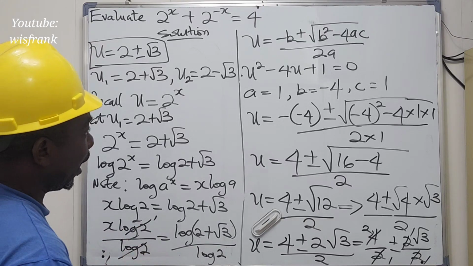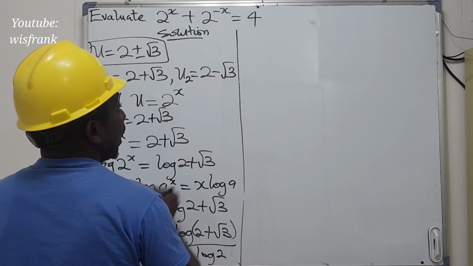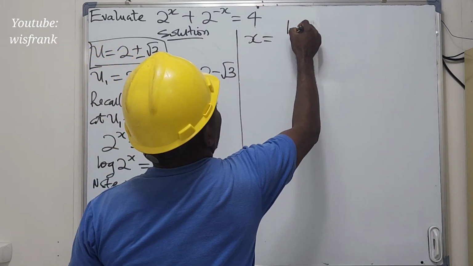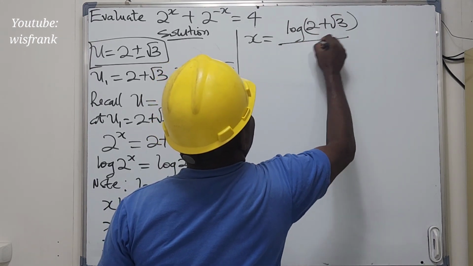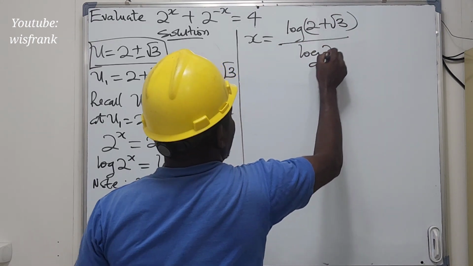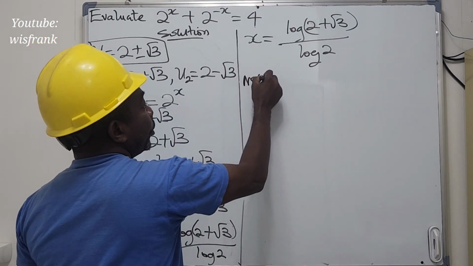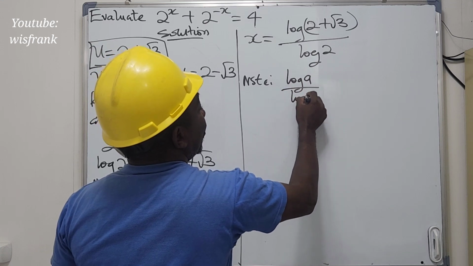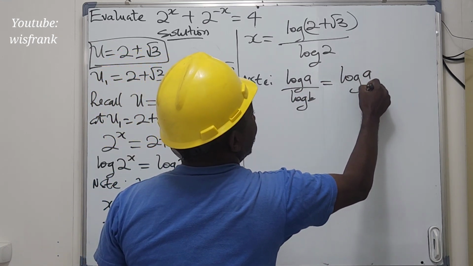In this case, log 2 will cancel here and log 2 will cancel here. We have the value of x as x equals log of 2 plus root 3 all over log 2. So this is the value of x. We also recall, note, when we have log a all over log b, it is the same thing as log a base b.